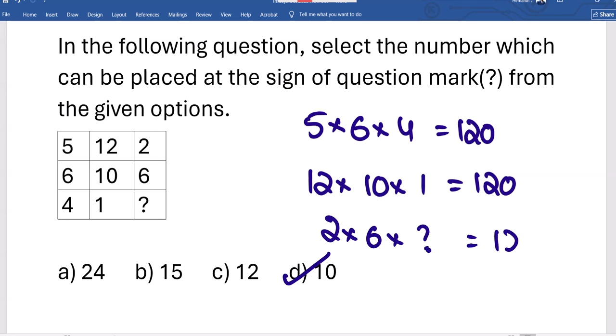There is some new point to learn. Maybe next time they'll give row-wise product the same. Sometimes the summation is the same. There are some questions where the sum is a prime number. First row sum is 11, next row sum is 30, next row sum is 17. Prime number summation. So there are a lot of logics.